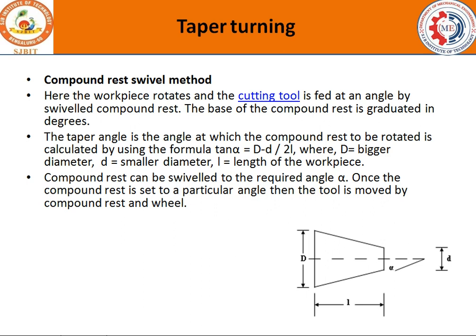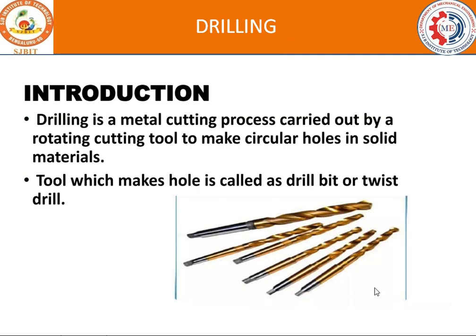The compound rest can be swiveled to the required angle alpha. Once the compound rest is set to a particular angle, then the tool is moved by the compound rest and the wheel. So here you can see the capital D and the small d. Here alpha will be along the length of the surface.